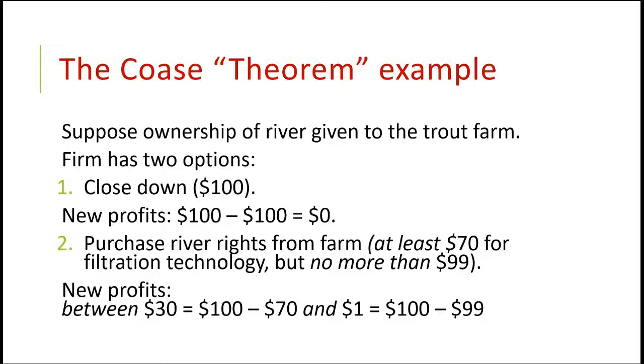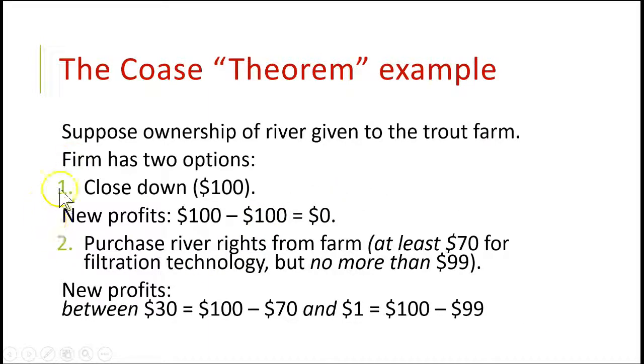What we do know is that the new profits of the factory will be between $30, that is $100 profit minus having to pay $70 to the trout farm to gain control of the river, and $1, that is paying $99 to the trout farm as compensation for the rights to the river. So its new profits will be anywhere between $30 and $1.